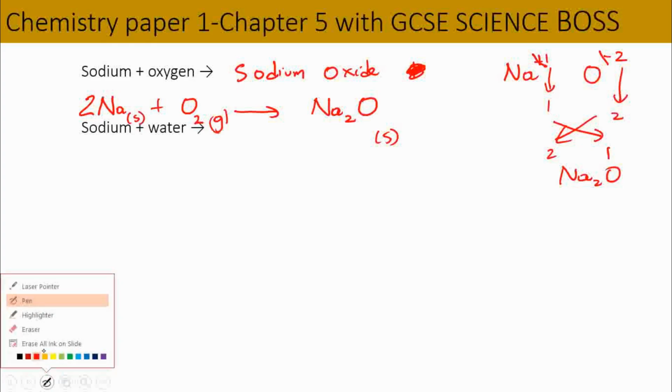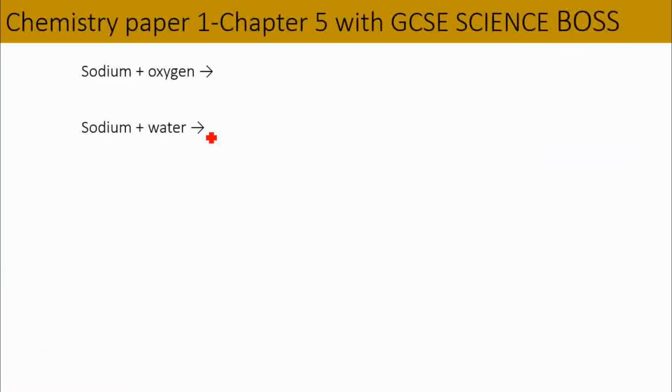All right, let's clear this. And then let's try the next one. So sodium plus water, remember we said it's going to form the corresponding hydroxide, and it's also going to form hydrogen gas.